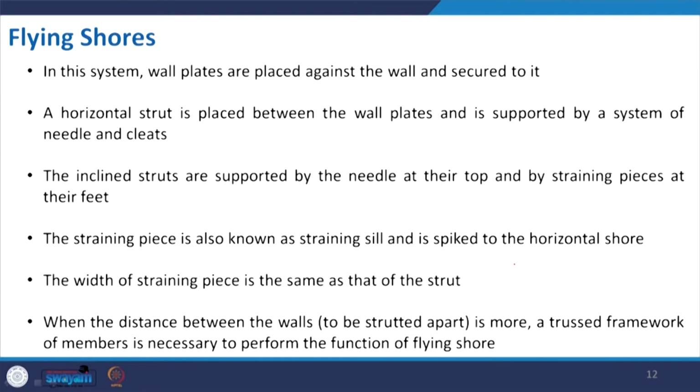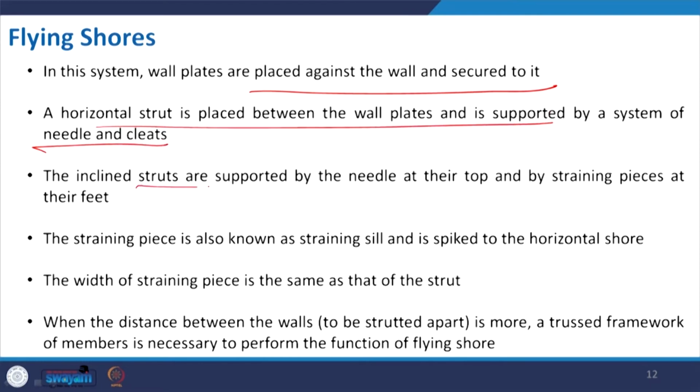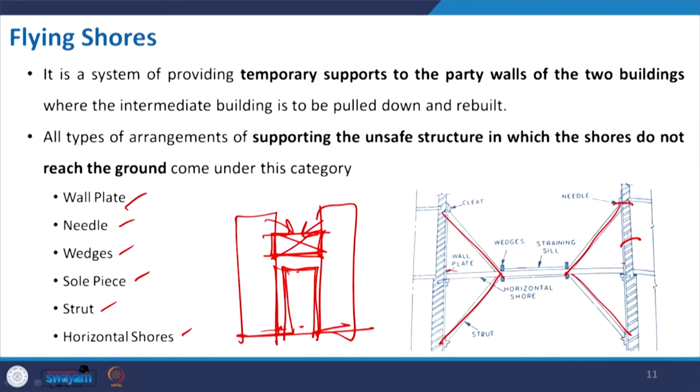Now, in this system wall plates are placed against the wall and secured to it. A horizontal strut is placed between the wall plates and it is supported by a system of needles and cleats. Then inclined struts are supported by the needle at the top and by a straining piece at their feet. So, here you see this is your horizontal strut and this is the inclined strut.